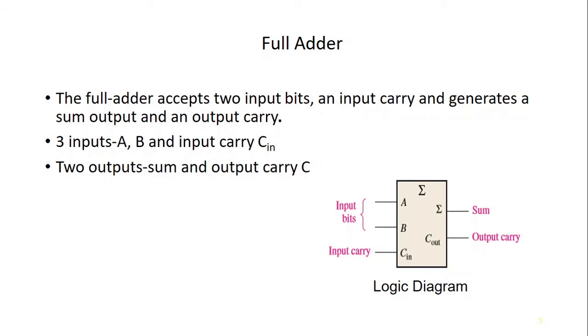Full adder accepts two input bits and an input carry and generates a sum output and a carry output. The three inputs of full adders are A, B and carry C in. The output bits, sum bit and carry out.